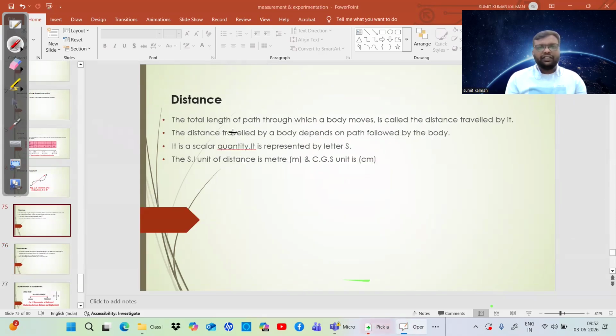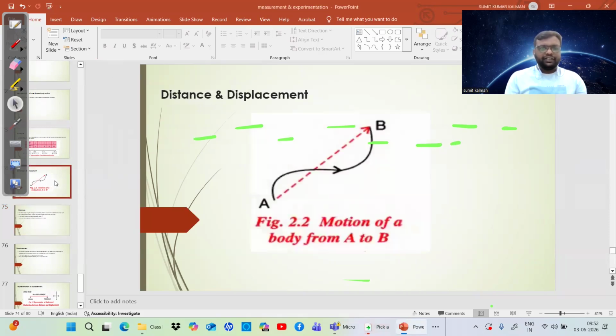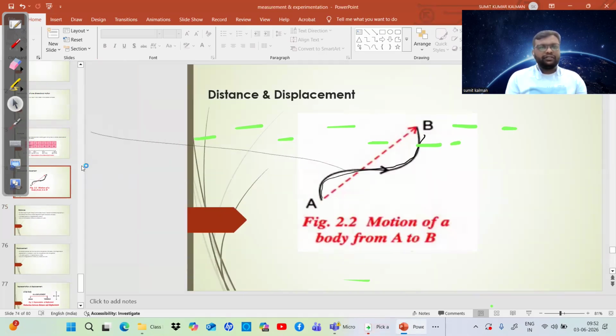I think on the next slide there is a definition of distance and displacement also. This is distance. The total length of path through which a body moves is called the distance traveled by it. The distance traveled by a body depends on the path followed by the body. For different paths, the distance will be different. If you see the previous slide, this AB, this dark curved path, the length is different as compared to this dotted path.